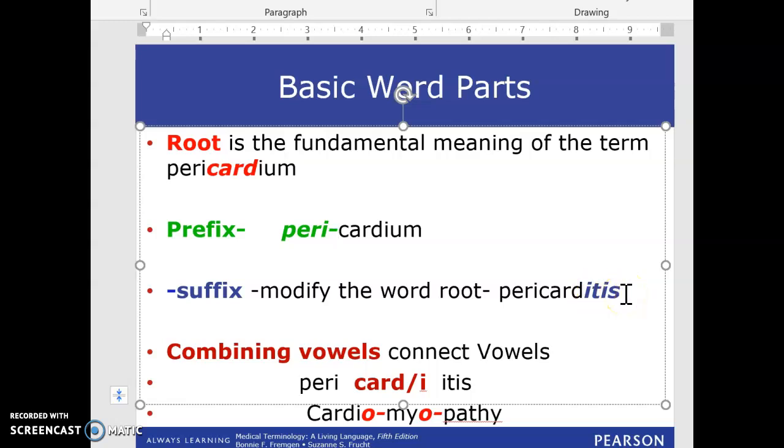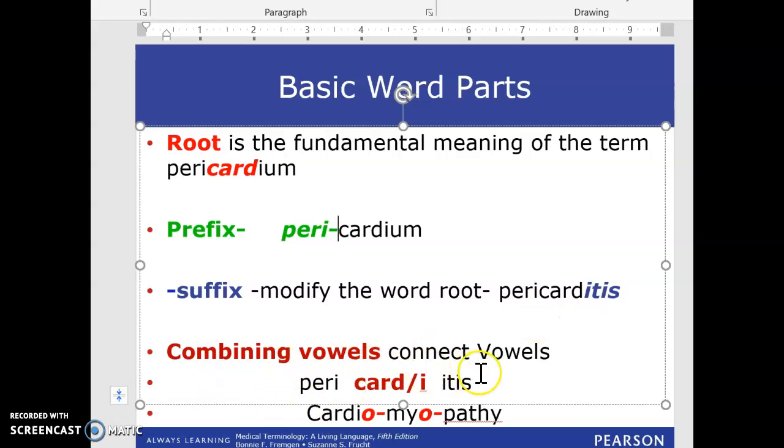Itis is the inflammation, or the last word at the end of the medical terminology, called a suffix, means inflammation. So just like we talked about the pericardium, meaning something that surrounds the heart. It is actually the layer of the heart that is outside of the heart. If we call it pericarditis, it means inflammation of the layer surrounding the heart.